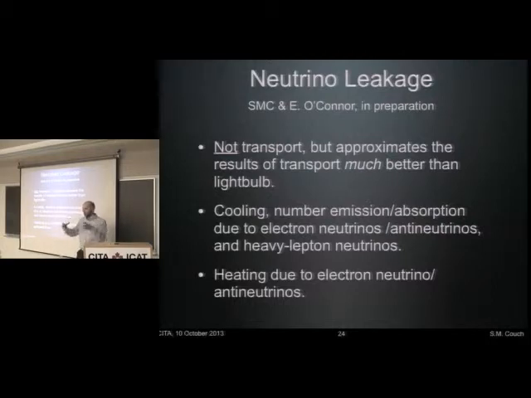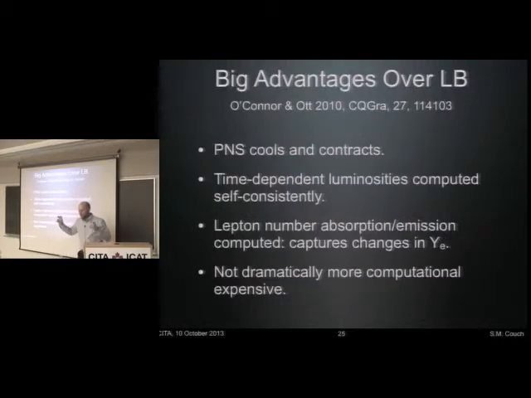You get cooling of the protoneutron star, number emission and absorption by the electron neutrinos and antineutrinos, and you get cooling by the heavy lepton neutrinos, which is important. And we also have a heating prescription due to the electron neutrinos and antineutrinos, based on a derivation from Janka 2001.